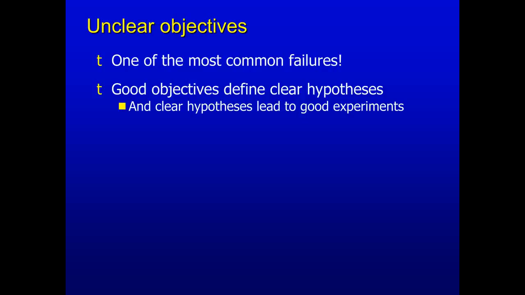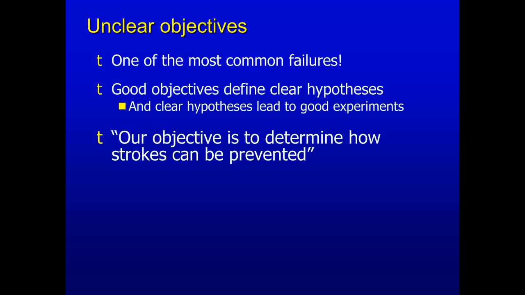Because good objectives give clear hypotheses, and clear hypotheses lead to the best experiments. Have a look at this objective. Our objective is to determine how strokes can be prevented. Very broad, laudable, but actually very difficult to know whether you could achieve it or within a particular time frame, and how you would achieve it.